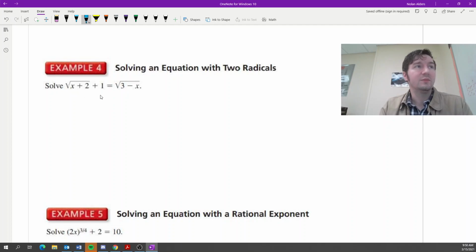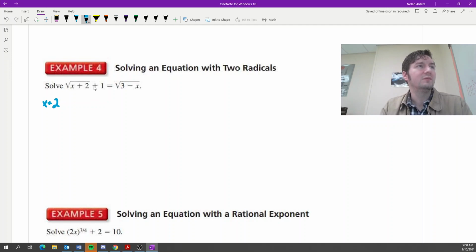This right side is going to be kind of sloppy because we're squaring square root of x plus 2 plus 1. So let's think of this as that times itself. Square root of x plus 2 times square root of x plus 2 is just going to give us x plus 2. I'm doing FOIL here.